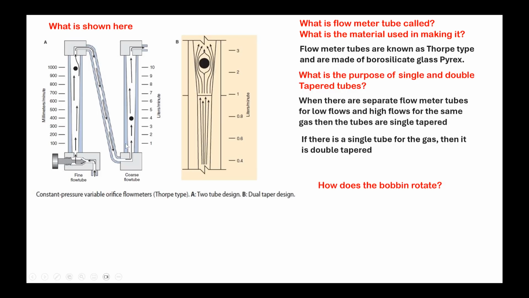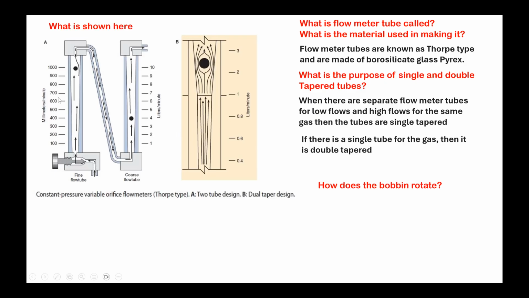Now, when you open this control valve, how does the bobbin that normally you see in your flow meter rotate? What is the mechanism? Where do the gases flow from? In this picture, if you see, the gas is flowing here. Once you open the valve, it flows out to the top and then goes out like this.